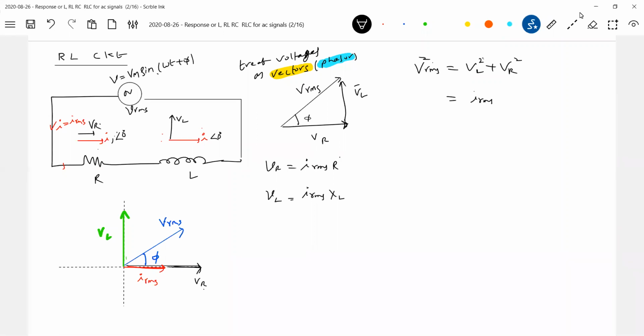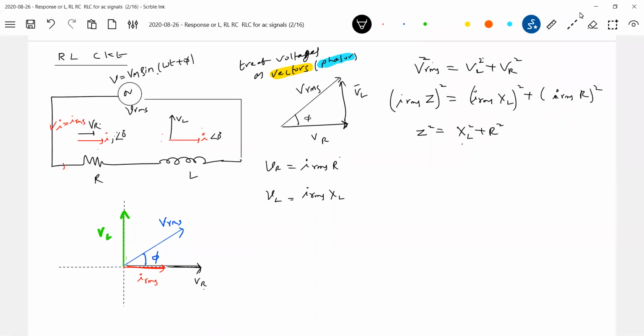This is IRMS square, IRMS into XL. What should be the VRMS? VRMS should again equal IRMS into some quantity. I'll call that impedance. So IRMS square will get eliminated.